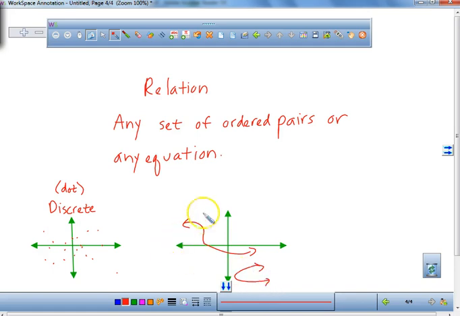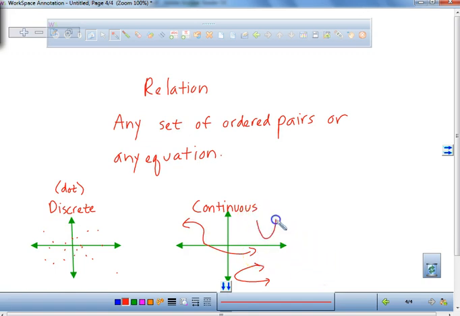Now these aren't considered to be discrete. These are considered to be what's called continuous. Why do they call these continuous? Because guess what? They continue. And if I have to go from this point to this point, what do I have to do? I have to jump. Here I can just stay right there on that arrow.